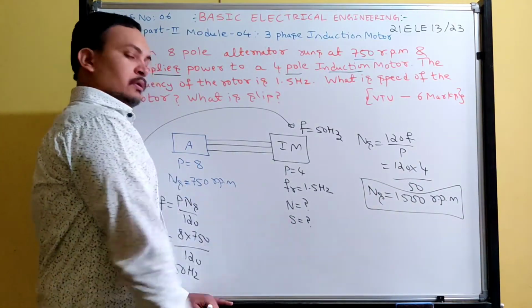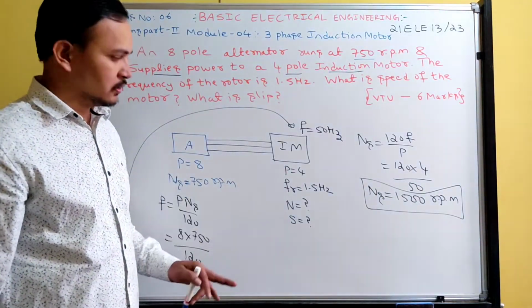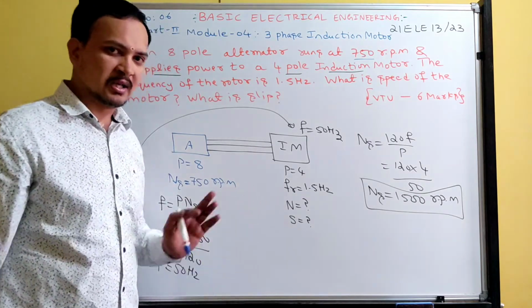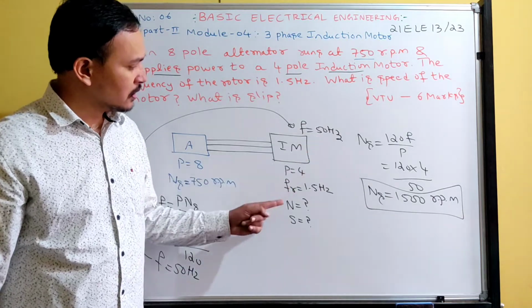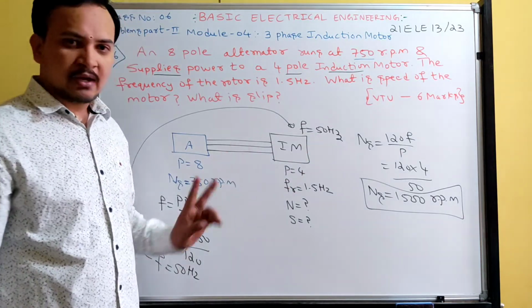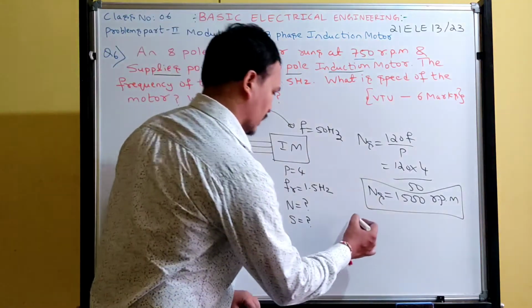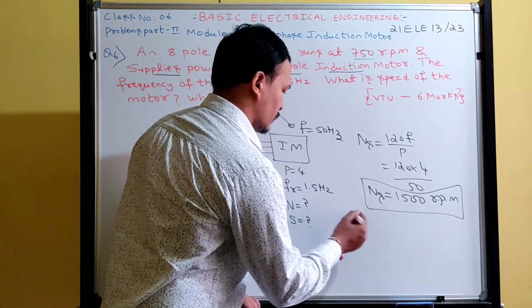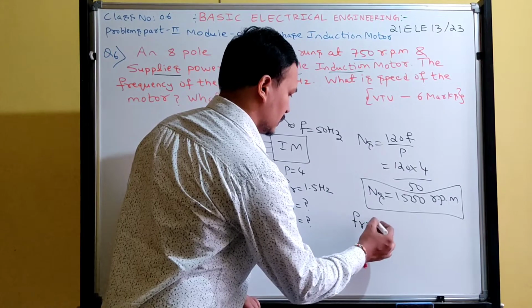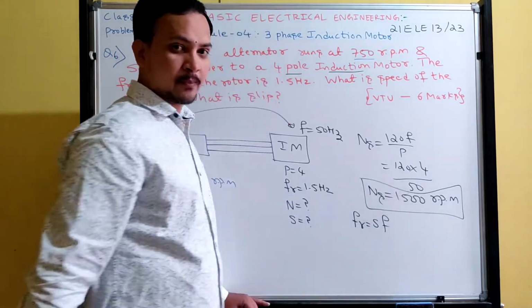Now, before finding the n value, I am going to calculate slip. Why? I know the f value and I know fr. By knowing f and fr, we have a formula: rotor frequency is slip times the supply frequency.